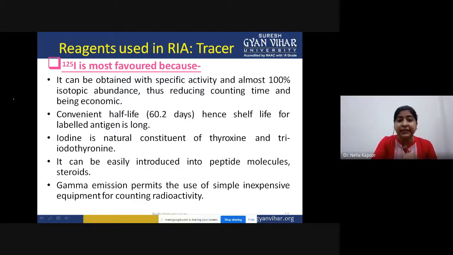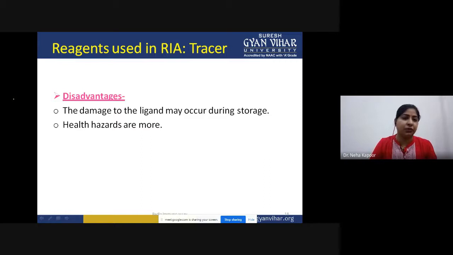We can easily introduce these molecules into protein molecules or steroids. That means labeling with iodine 125 is quite easy. And for gamma emission, very simple equipment is used for counting the radioactivity.